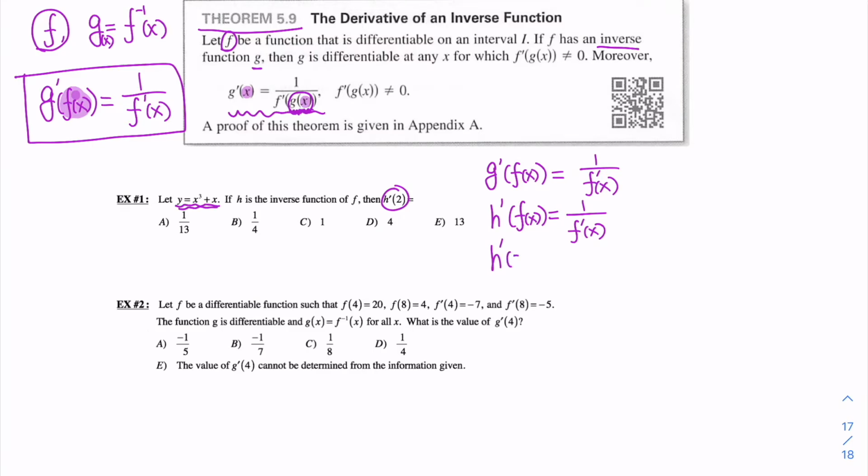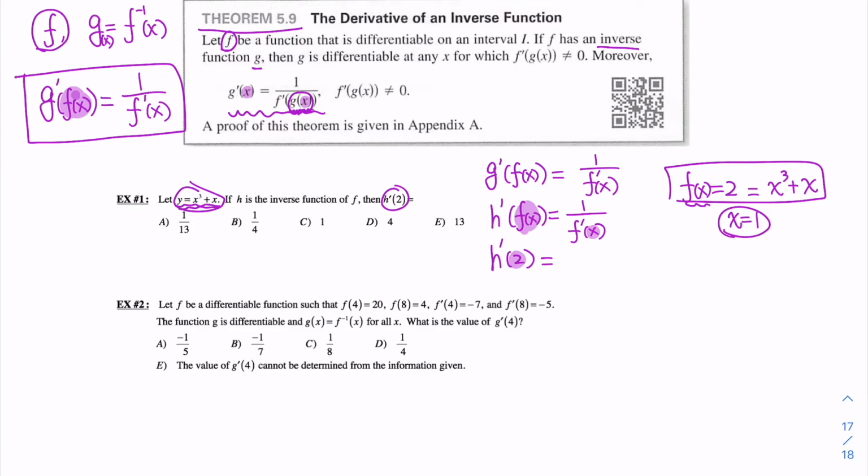So h prime of 2, if we compare, that means f of x has to be 2. So f of x equals 2, given f of x equals x cubed plus x. If you look at here, x equals 1. So from this, we solve x equals 1.